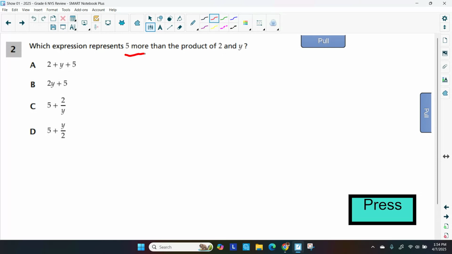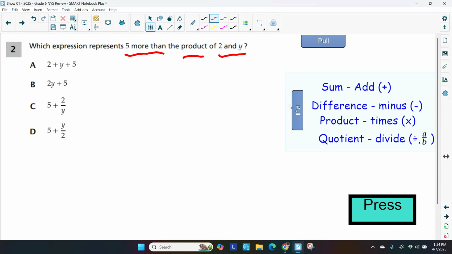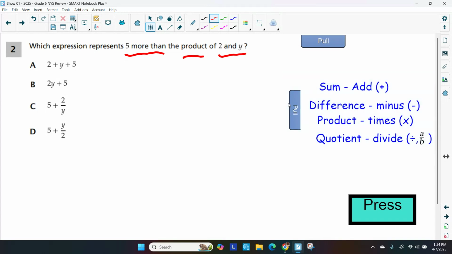So we have 5 more than product of 2 and y. And I'm looking at the answer choices, so I really need to know some vocabulary. So let's pull out this, and this will give us a hand, because here's some vocabulary you should know, because it'll help you write your sentence or statement.